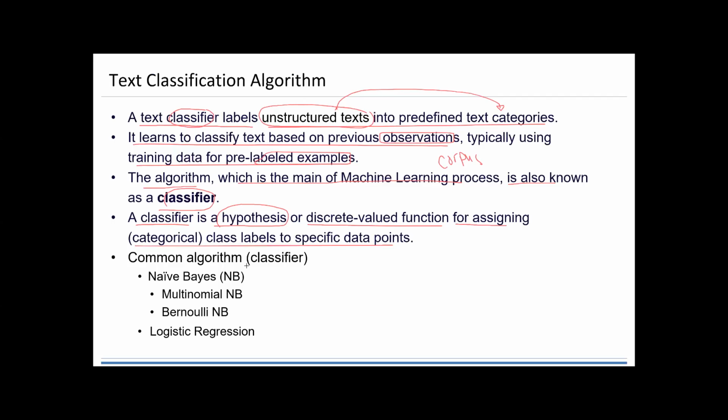So the common algorithms or classifiers we can learn in this case are naive Bayes, which includes multinomial naive Bayes and Bernoulli naive Bayes, and also logistic regression.